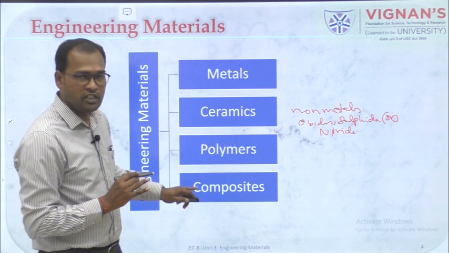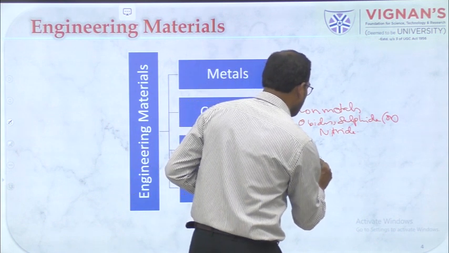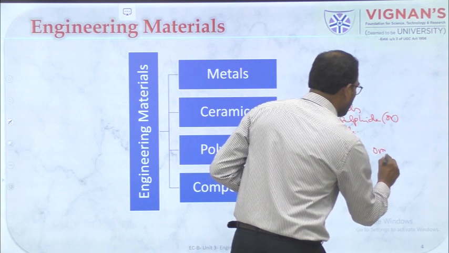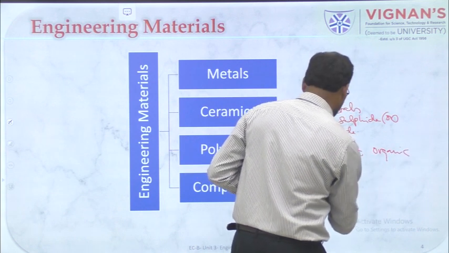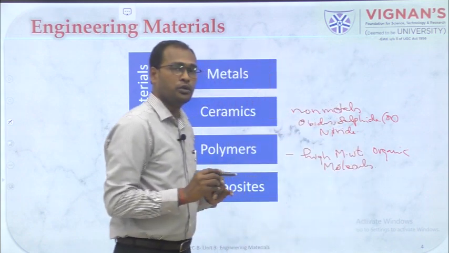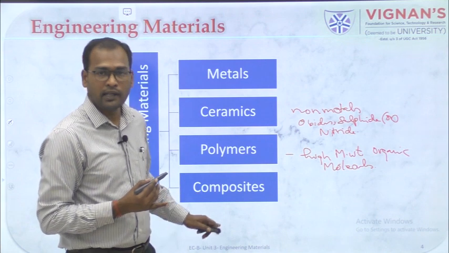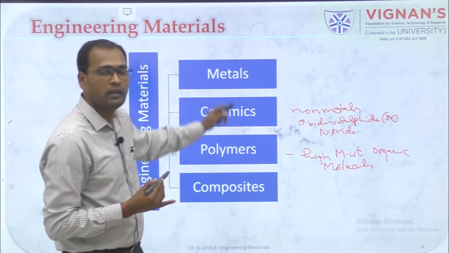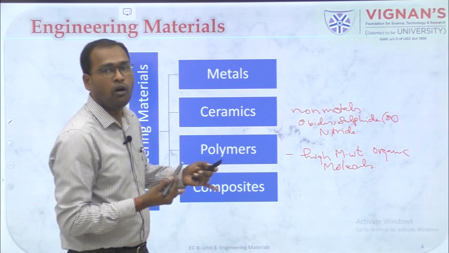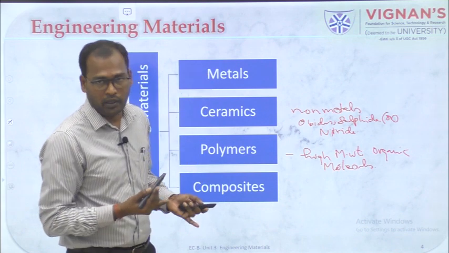The third one is polymers. Polymers are high molecular weight organic molecules which are used in most of the plastic industry, and composites are nothing but a combination of the above three, which can be either 2 or 3, and they have properties in between the individual components.